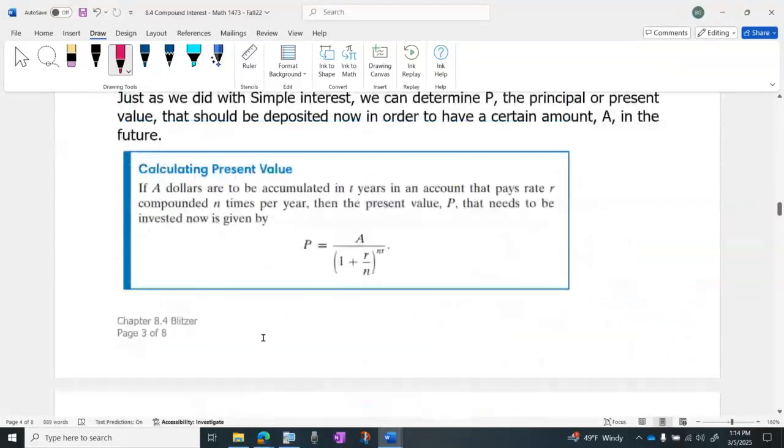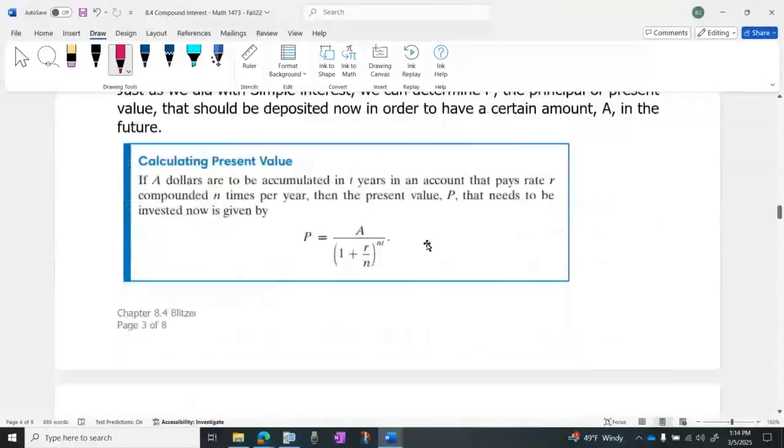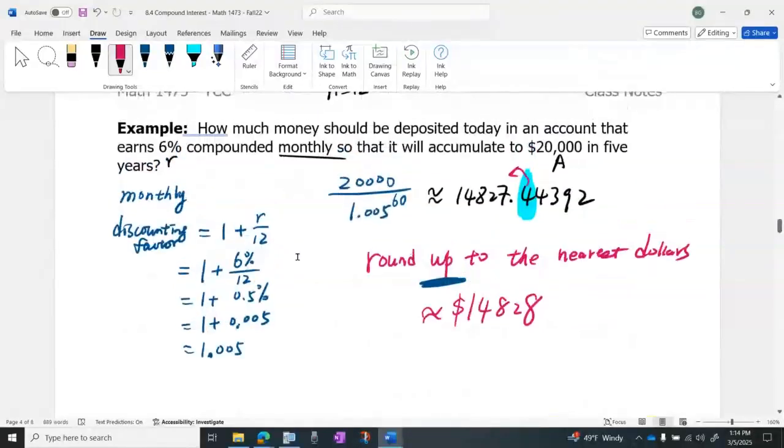Normally, if we are given the present value and we are looking for the future value, we follow the normal rounding rule. How much money would you have in the account? In that case, we follow the normal rounding rule. But if we are looking for the deposit, the money for today, in order to guarantee the financial goal is accomplished in the future, we always have to round it up.